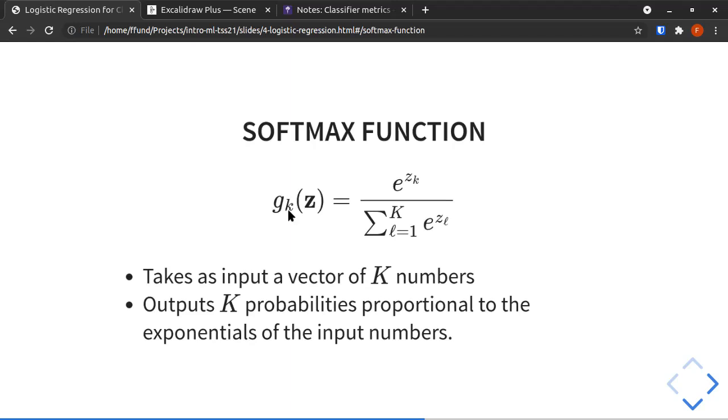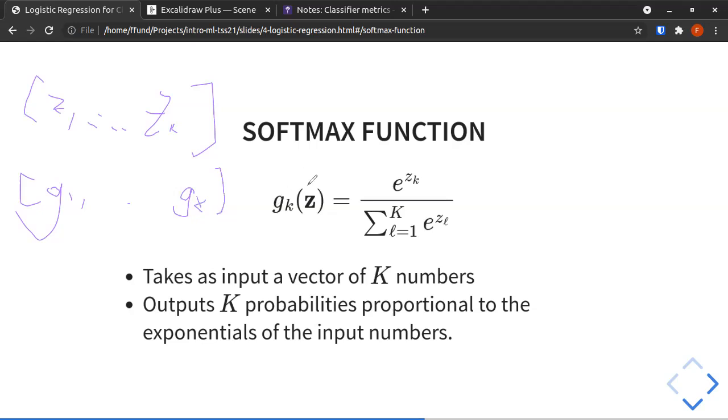Okay. So g sub 1, for example, is going to be e to the z1. So remember, we have the z, let's draw it. We have, let's say, z1 all the way up to zk. So that will produce, let's say, a bunch of g's, g sub 1, all the way up to g sub k.